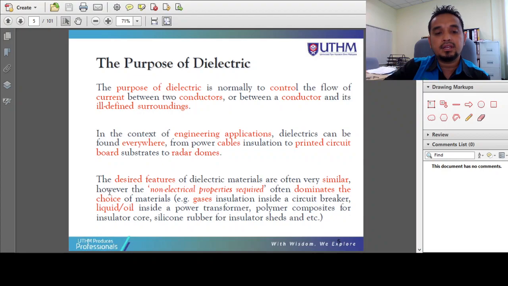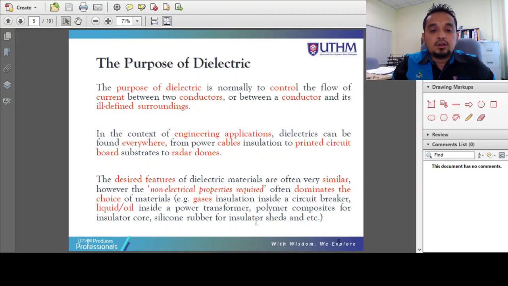For example, gas insulation is used for the circuit breaker, liquid oil is used inside the transformer, polymeric composite for the insulator core, and silicone rubber for the insulator shed.